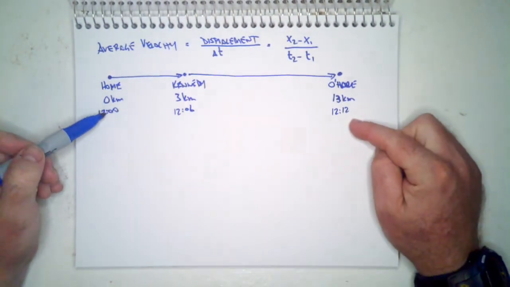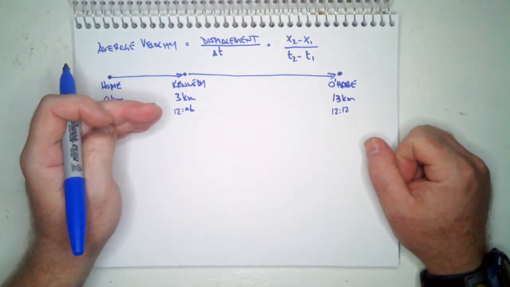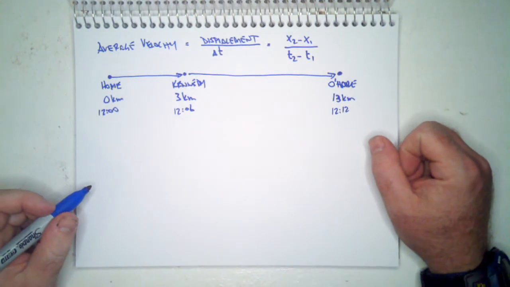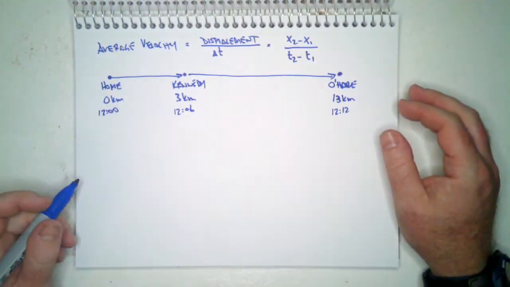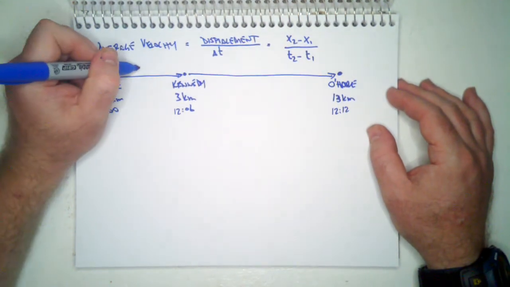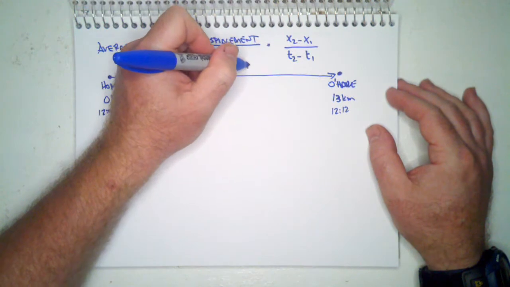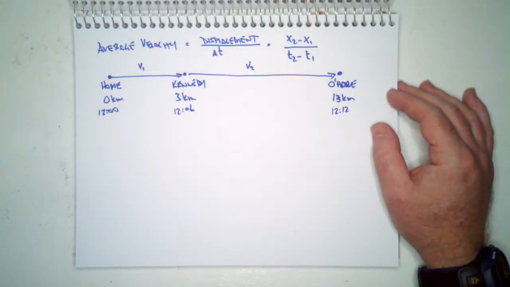So overall, it took you 12 minutes to get to the airport. You drove to the Kennedy, got on the Kennedy, and then went to the airport. Now we can calculate the average velocity for each of these. So we'll call this average velocity v1. We'll call this average velocity v2.